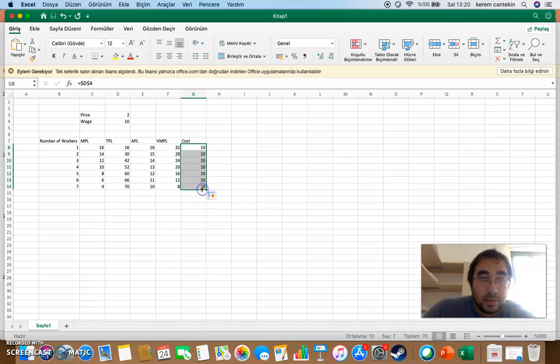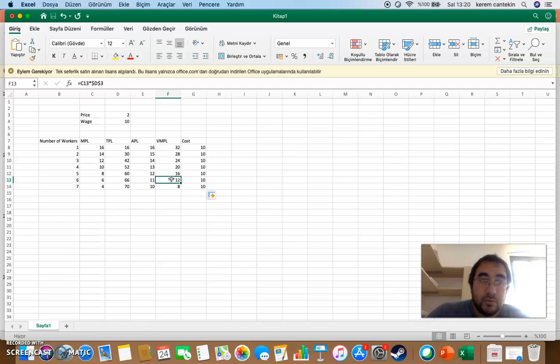Let's get this down. In this case, if our employer hires 6 workers, the value of extra revenue this worker brings is $12, but this worker costs our employer $10, which basically means that this worker is able to bring our employer $2 extra revenue.